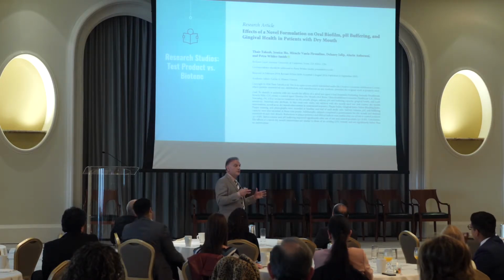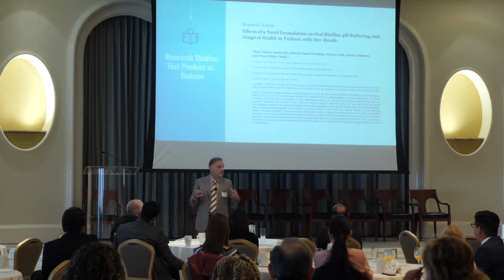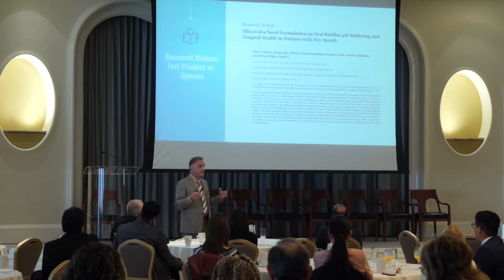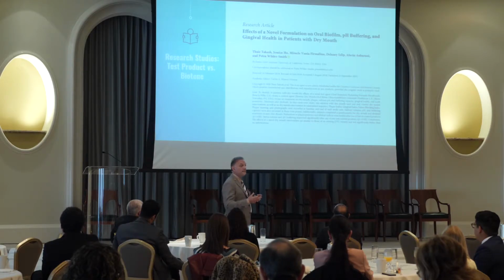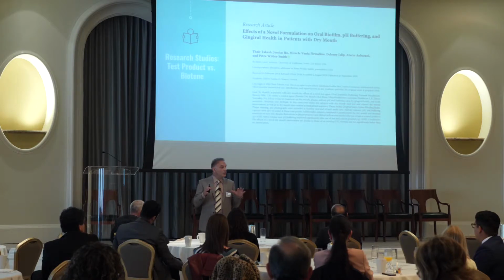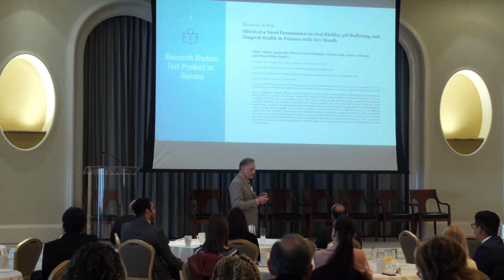We're doing the study where they're using this product or the biotin, and we then measure the amount of saliva that's being produced. And biotin was able to get to 5 milliliters for every 2 minutes, which is the normal range, and we were able to get about 5.5 milliliters of saliva in about 2 minutes.